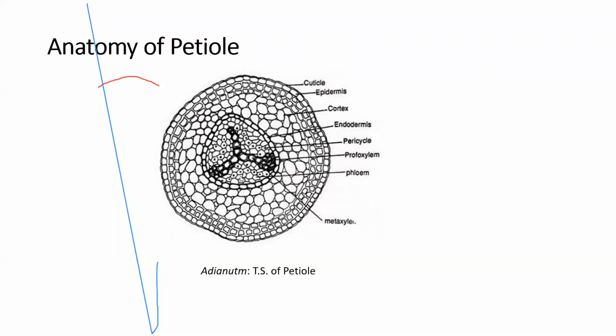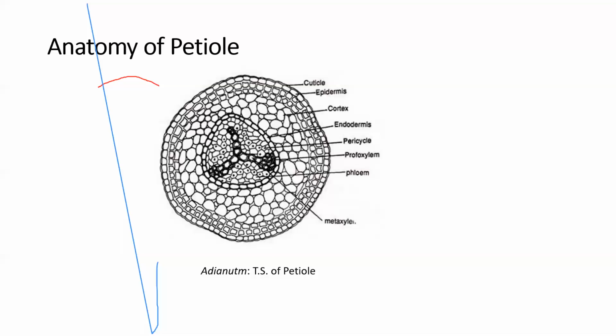The vascular tissue is in radiating form. In the center, xylem is present, which is surrounded by the phloem. The xylem is dispersed or invaginated in the phloem in the form of rays.